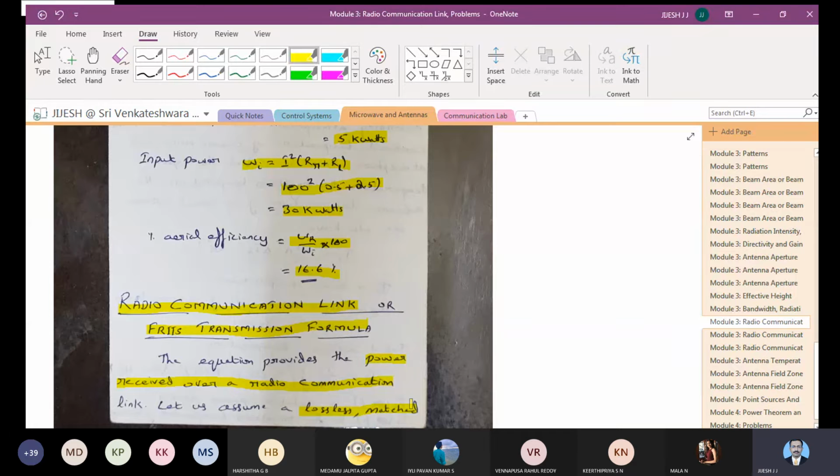What is the power transmitted and what is the power received. These few points you note down, then we will move on to the next one. Here we have just marked it as important, radio communication link or Friis transmission formula.